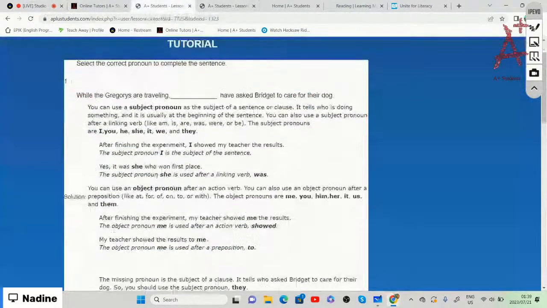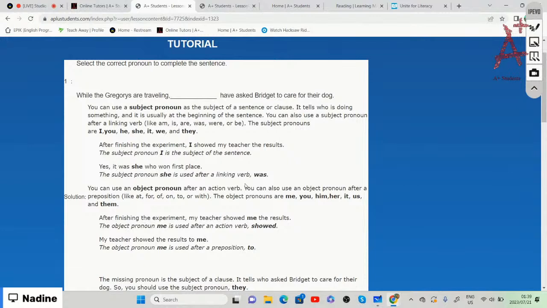So we also have an object pronoun. We can use an object pronoun after an action verb, right? And you can also use an object pronoun after a preposition.